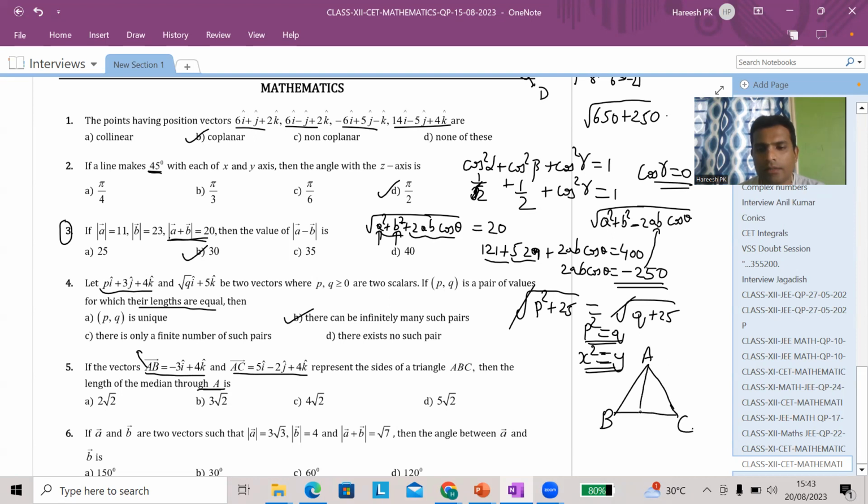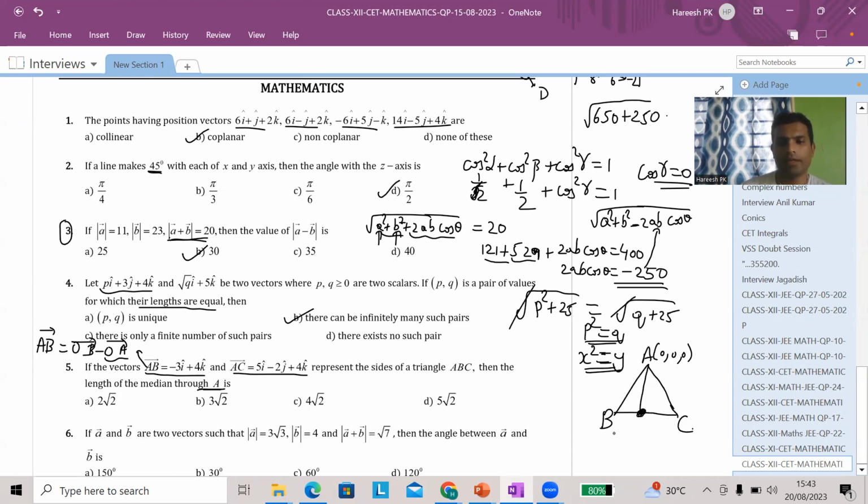And the median is going to pass through the midpoint. So they're asking length of the median. So if I assume A as origin, what is vector AB? Vector AB is nothing but OB minus OA.